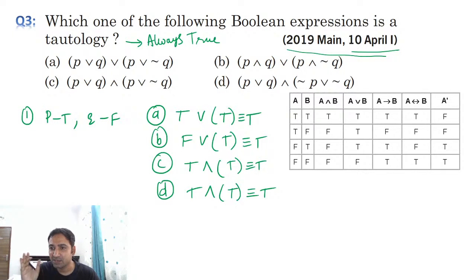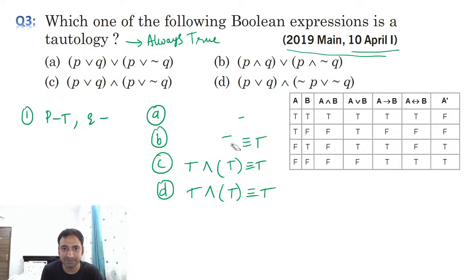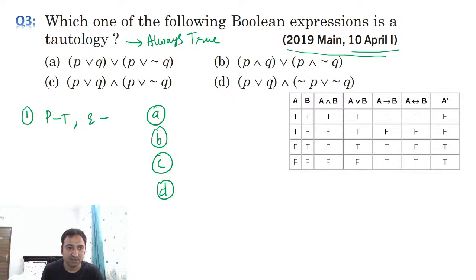Guys, is it clear? Now I'll change the substitution. Instead of taking true, false, let's take true, true. As we couldn't eliminate any of the options, let's take true, true this time, guys. Or you can take false, false, or anything is fine. Whatever substitution you like, you can take it.